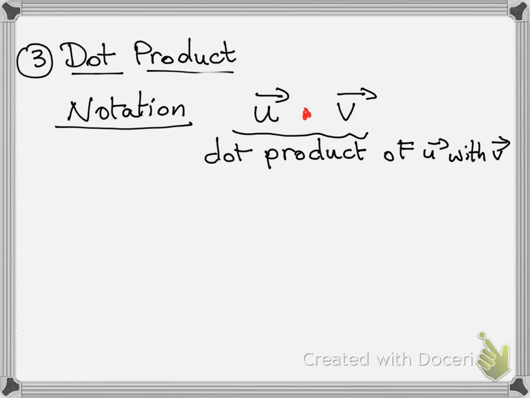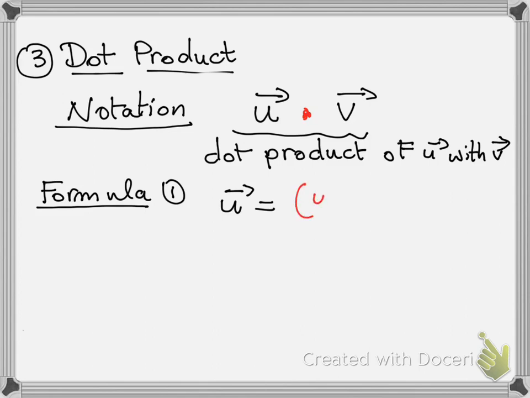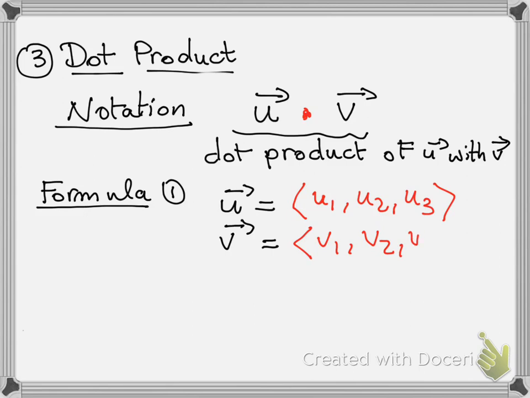Now the formula for the dot product. We actually have two formulas. The first one, formula 1. Let's say you have vector u equal to (u1, u2, u3), and vector v is given by (v1, v2, v3).